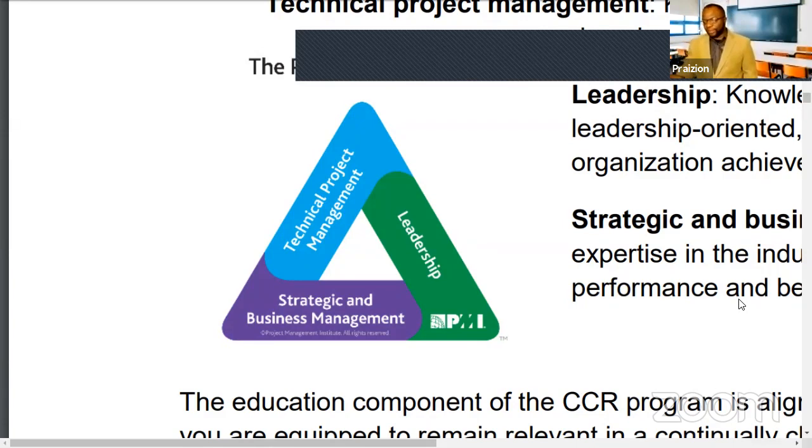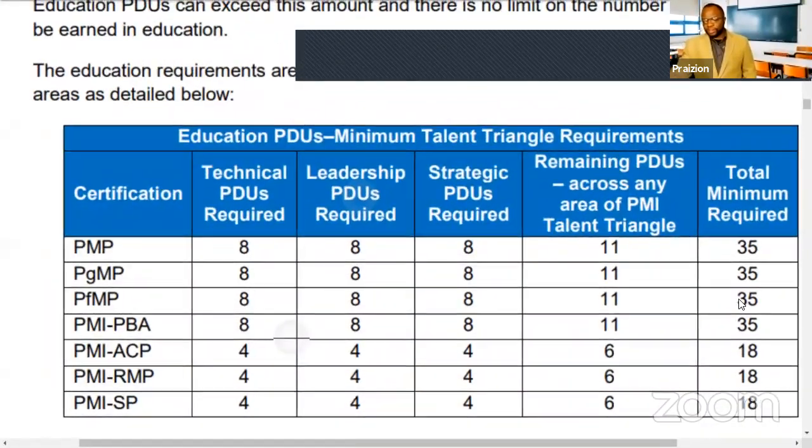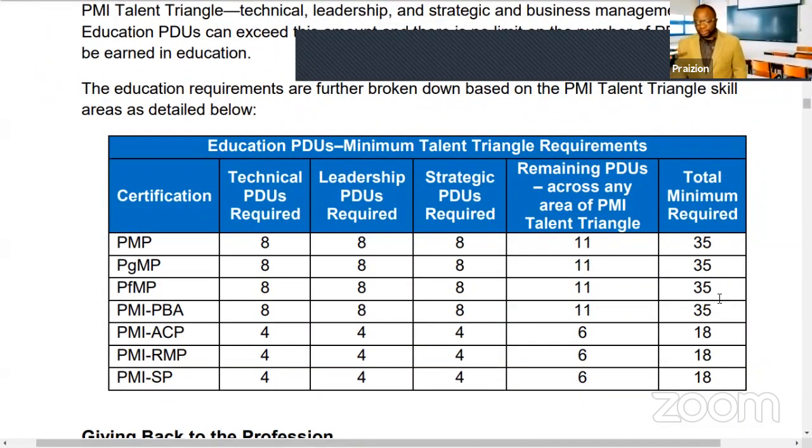So going down here, you can see the requirement is the PMI wants to see at least 8 from technical, 8 from leadership, 8 from strategic, and you can get 11 from anywhere else across this triangle, making a minimum of 35.